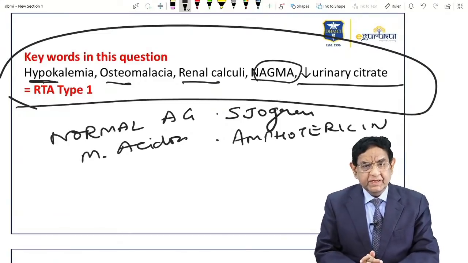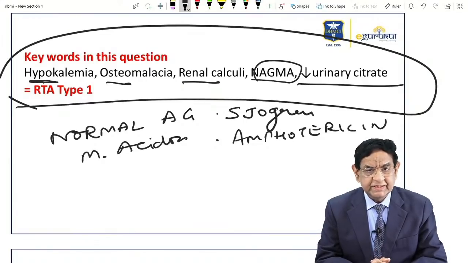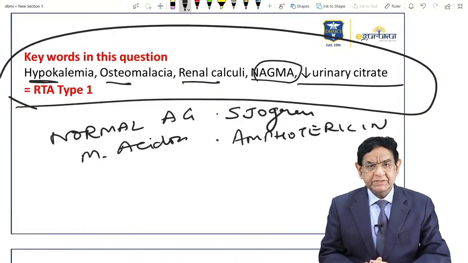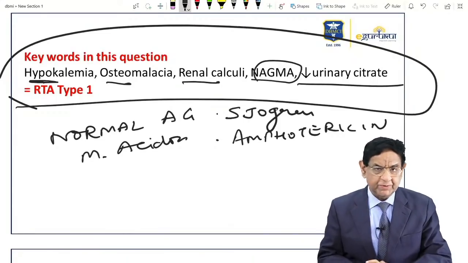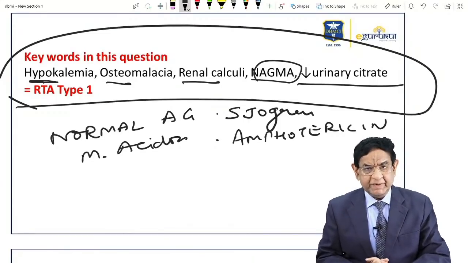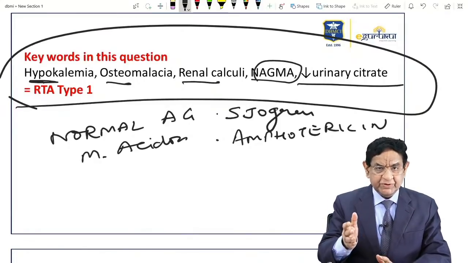Next, in case of type 2 RTA, what is the site of disease? PCT. What's the important syndrome which occurs in this condition? Fanconi syndrome. Now what happened to potassium level in the urine?